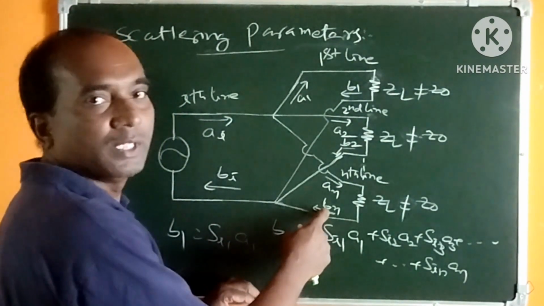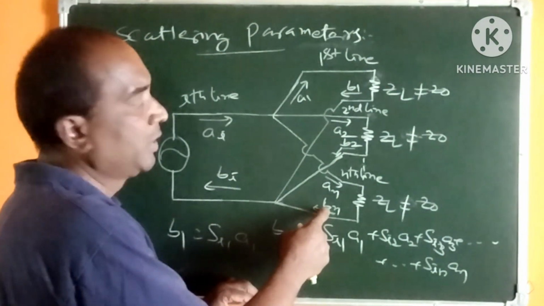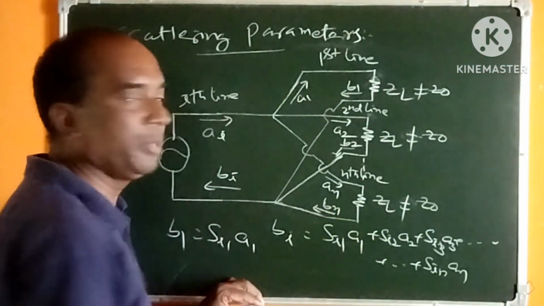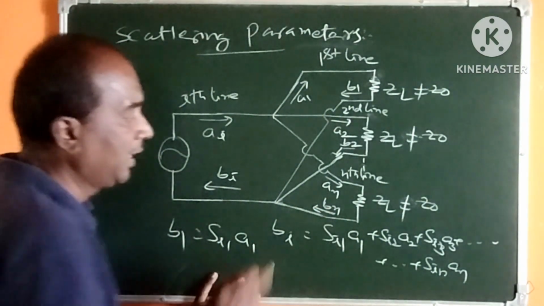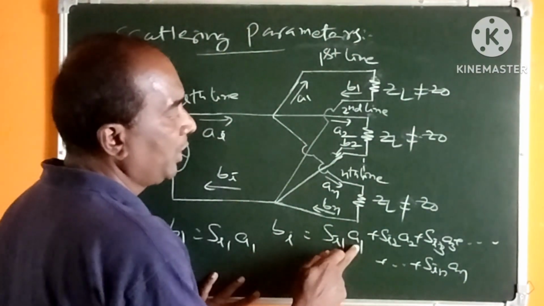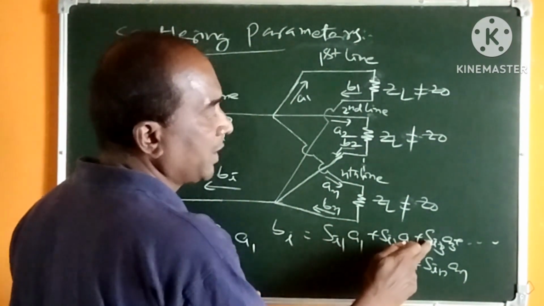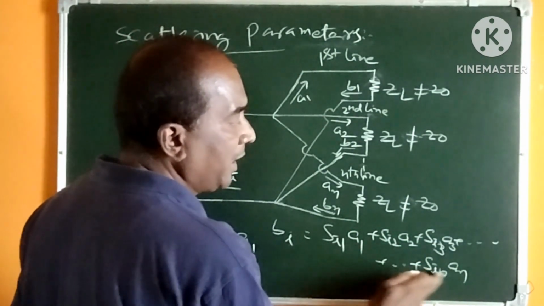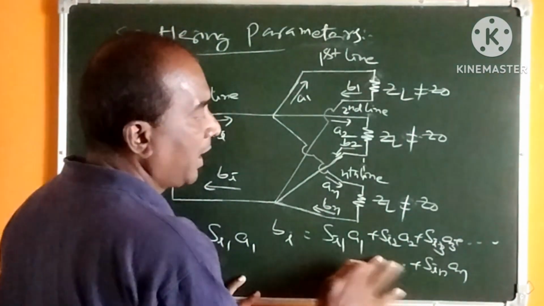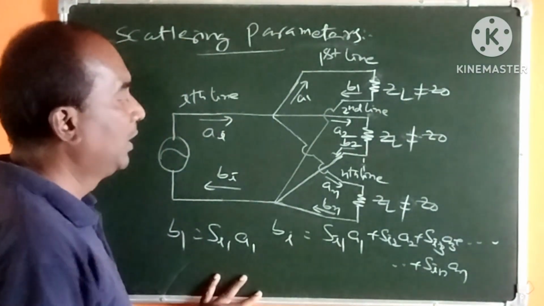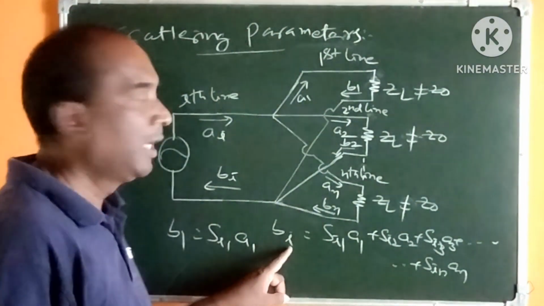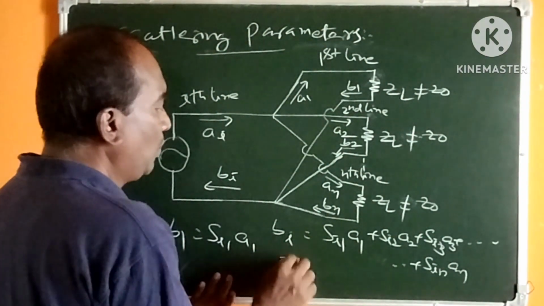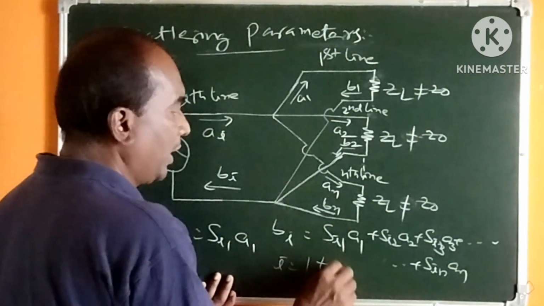These outputs, the reflected waves, can be interrelated with the inputs by using the S coefficients or S parameters as Bi equal to Si1 into A1 plus Si2 into A2 plus Si3 into A3 plus etc. plus Sin into An. So this i represents the ith line, varying from 1 to n.